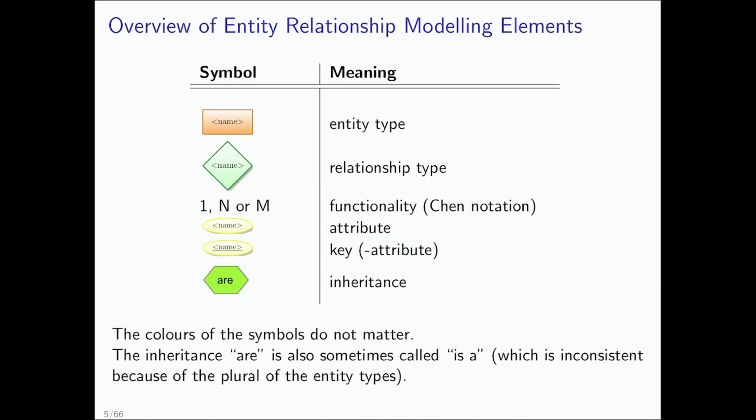Here's again the overview of the modeling elements. I explained those, but then we also had inheritance, which is super useful, for instance, in hierarchies like user roles or something like that. They want to use inheritance. So the colors do not matter at all, but they just make the diagrams a bit nicer.